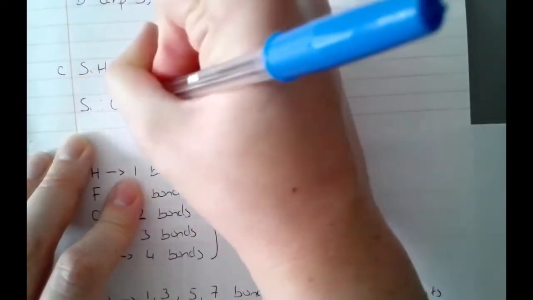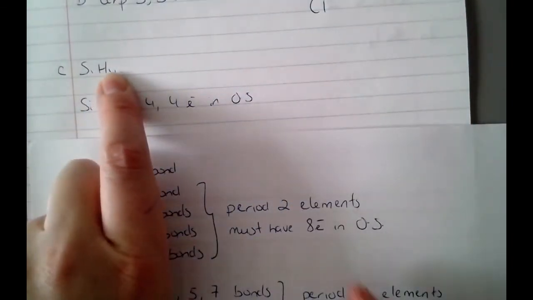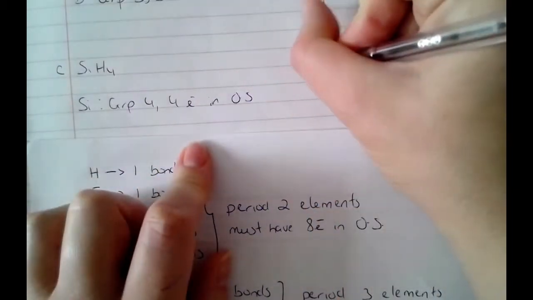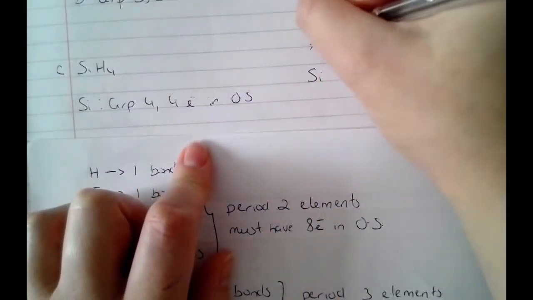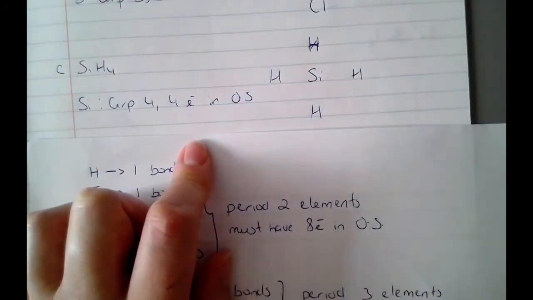The next one I've got is SiH4. So silicon is in group 4, and it's got 4 electrons in its outer shell. And I can see here that it's bonded to 4 hydrogens, and I know hydrogen can only form one bond. So it's bonded to, 1, 2, 3, 4 hydrogens.